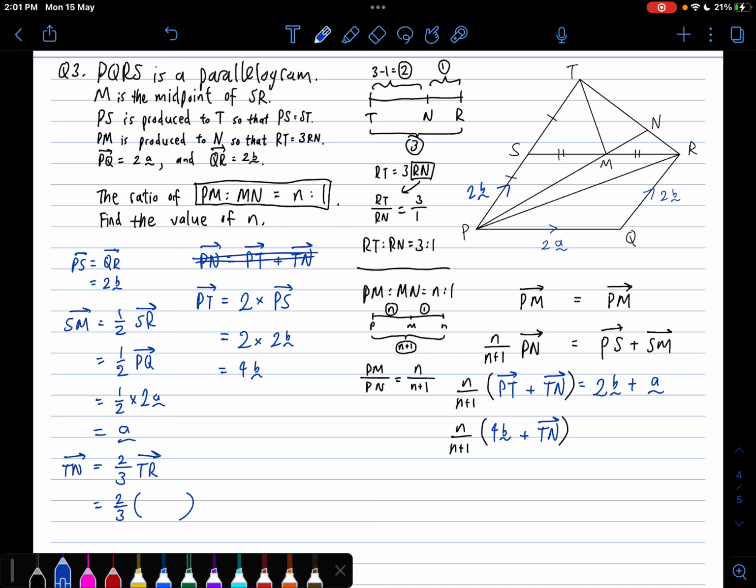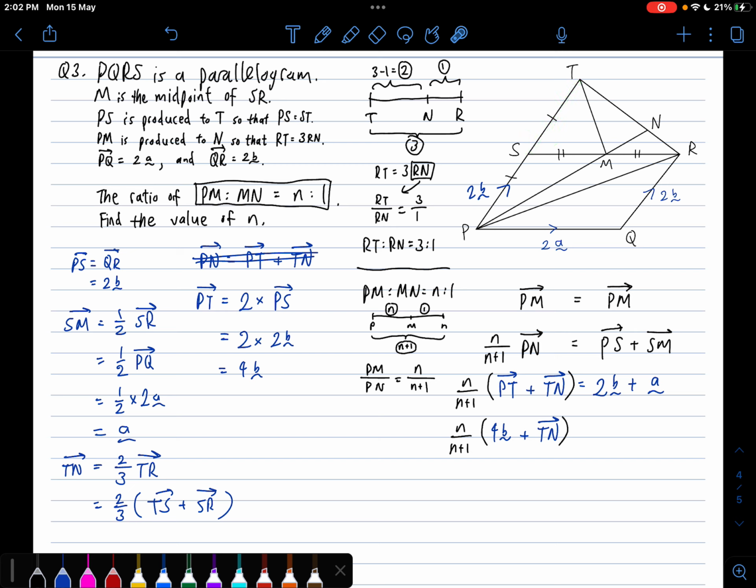For vector Tr, you will need to always remember the triangle rule. In particular, you have to be a bit creative here and look at the diagram, and you realize that to travel from point T towards R, you could first travel from T towards S, then from S towards R. In other words, Ts plus Sr. Now if you pay attention to Ts, it's really just the same length as Ps, just pointing in the opposite direction.